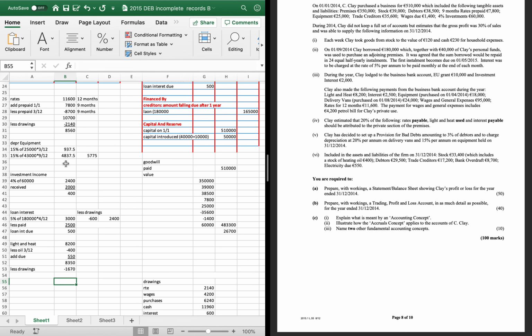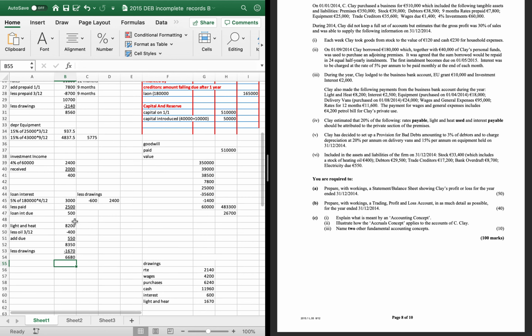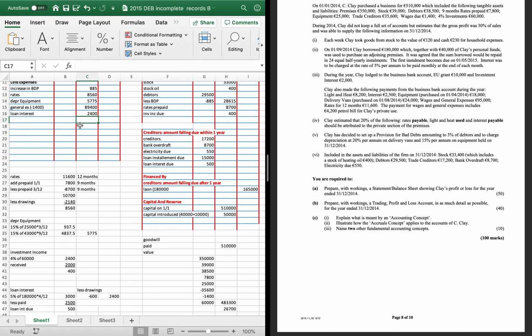So we'll put that 1,670 into our drawings working. And we'll put the difference then into our answer. So 6,680. Okay, so 6,680 up here. Hopefully not too much more to go.